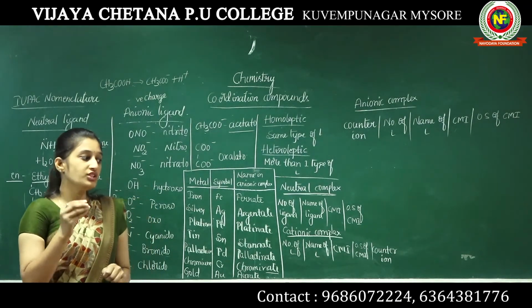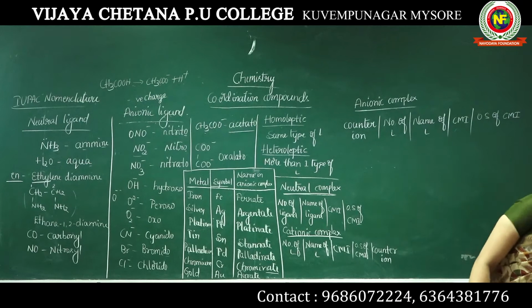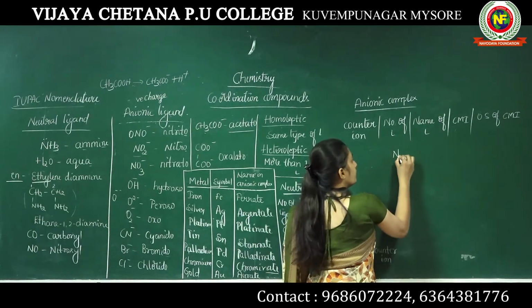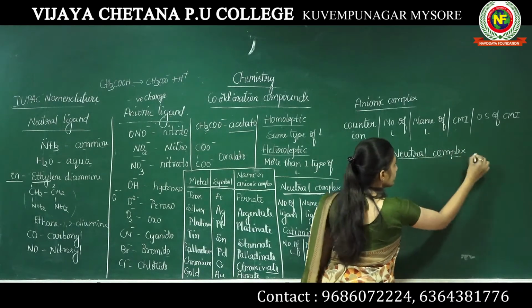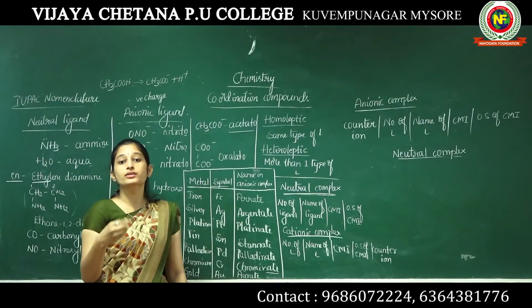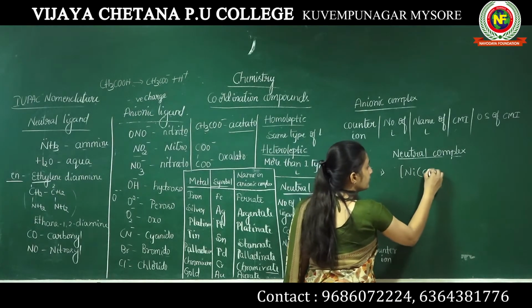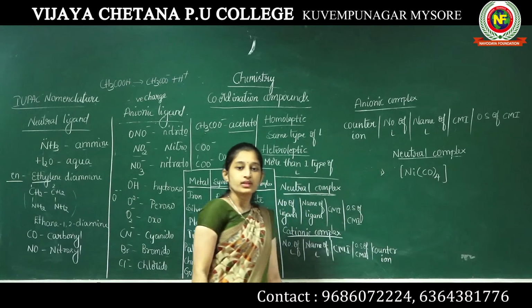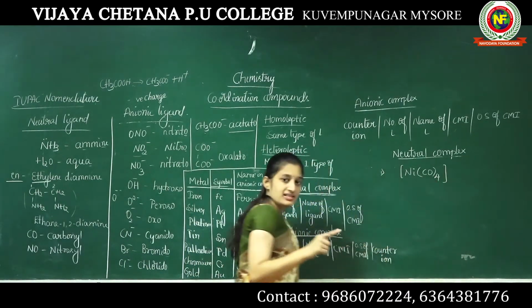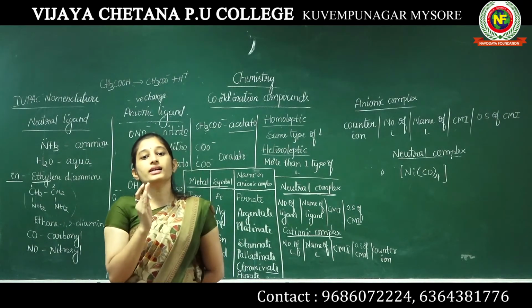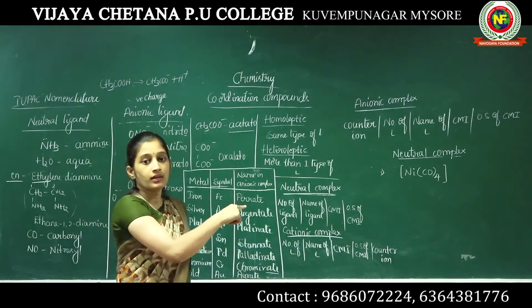These are all the rules you should know before naming the complex. Now I am going to give one general example to explain the naming. First, let us take an example of a neutral complex and explain how to name it. Nickel, CO 4 times. How do we know this complex is neutral? Outside the square bracket, on the right or left side, there is no counter ion, so it is understood this one is neutral.